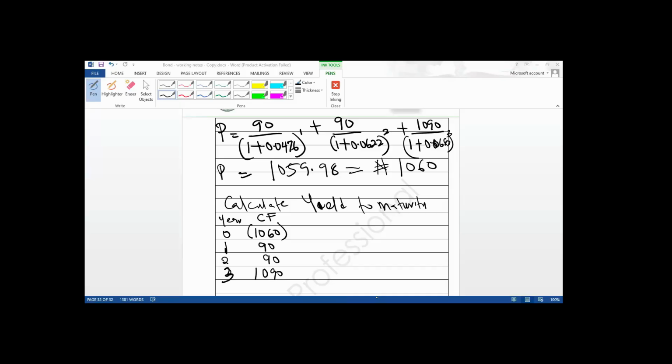We are going to assume a discount rate, one that will give you a positive NPV and one that will give you a negative NPV.